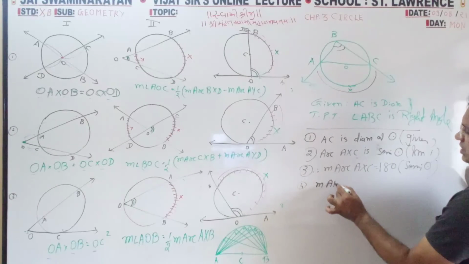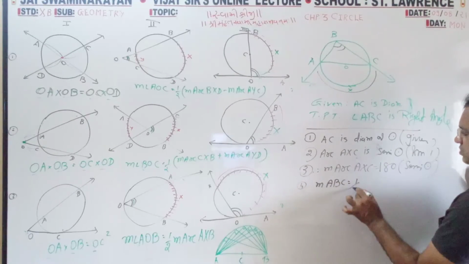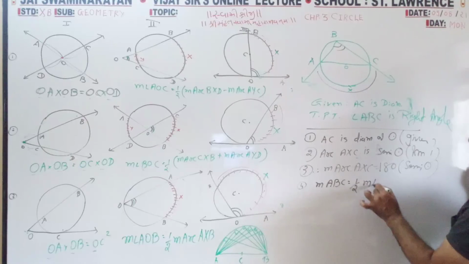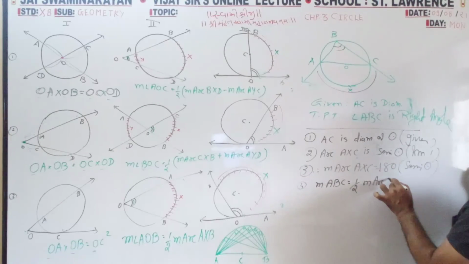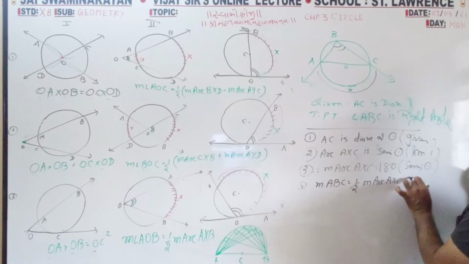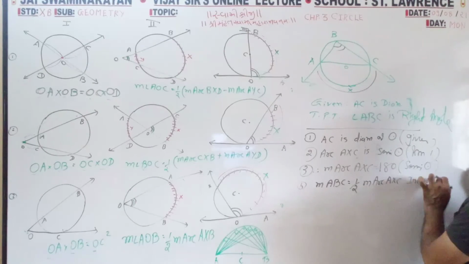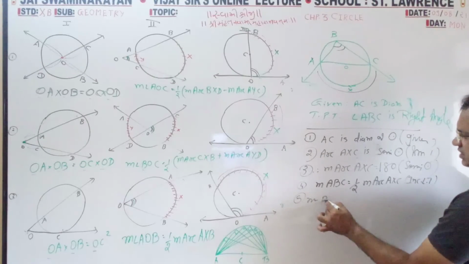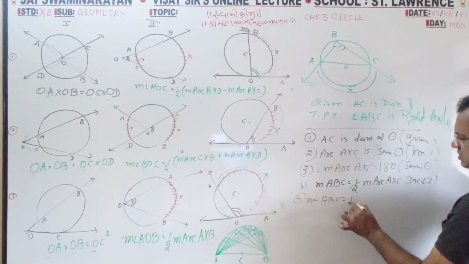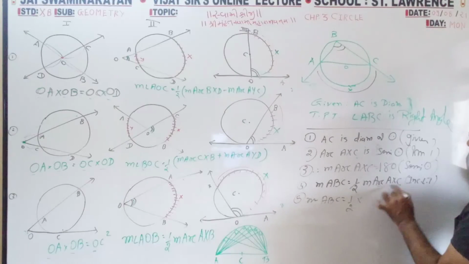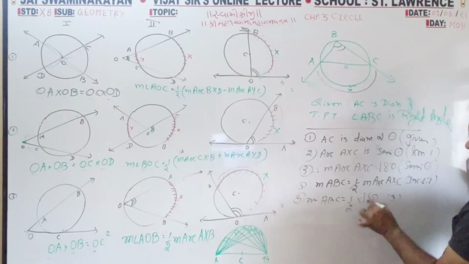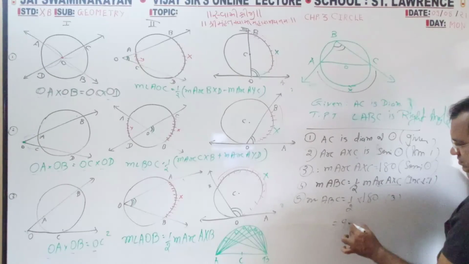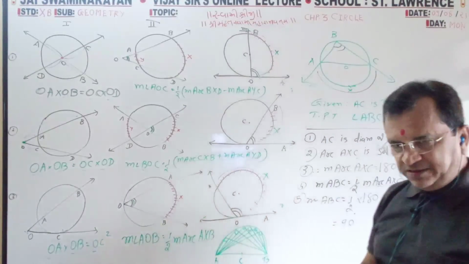Major angle ABC is equal to half of major arc AXC, by the inscribed angle theorem. Therefore, angle ABC is half of 180, from statement 3, which is 90.